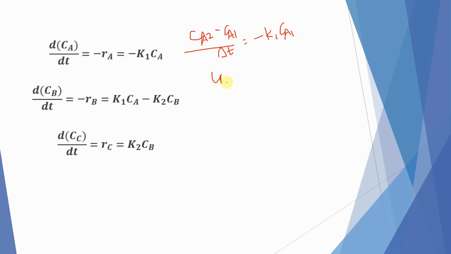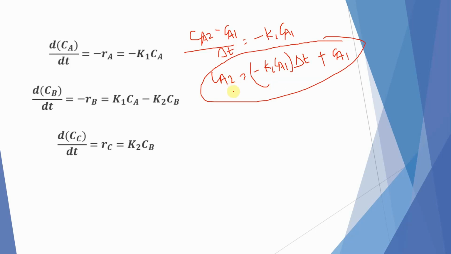Now when you isolate CA2, this will become minus K1 CA1 multiplied by delta T, which is the step size, plus CA1.